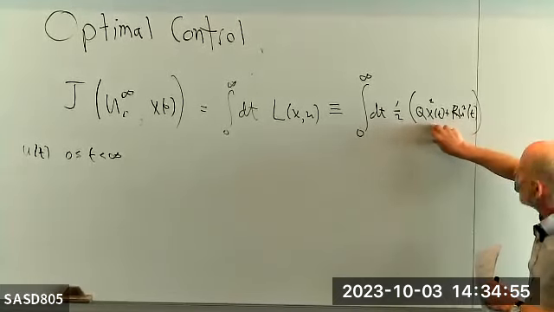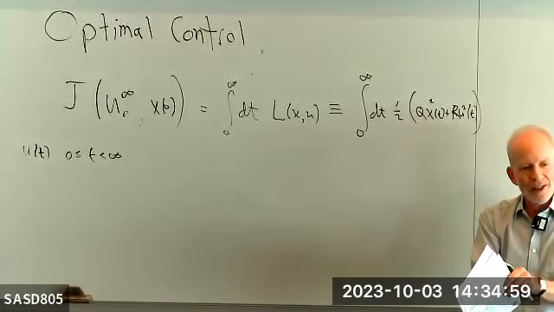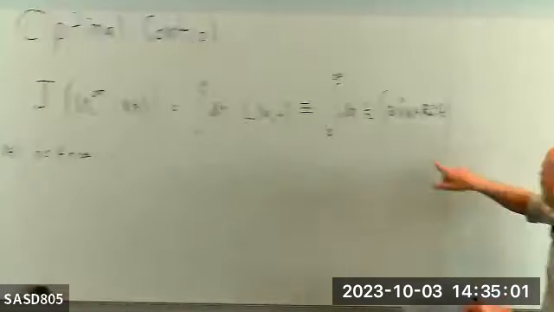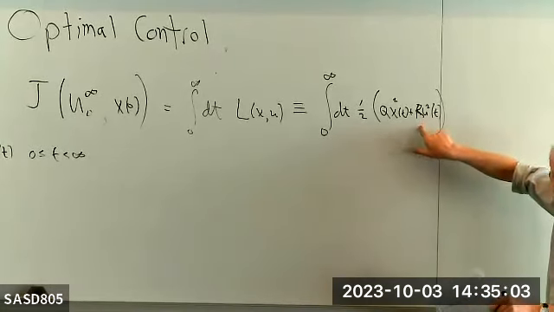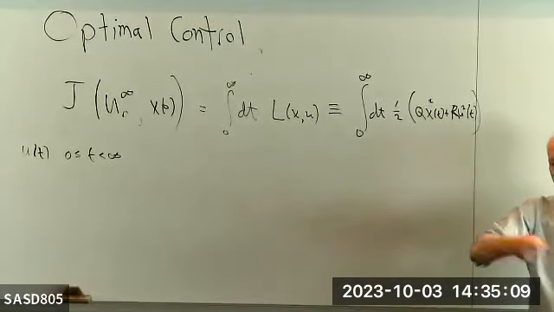So this says it wants the control to keep the system as close to 0 as it can. But just to make it interesting, it also wants to make u as small as possible. So u is the amount of control that you're doing.